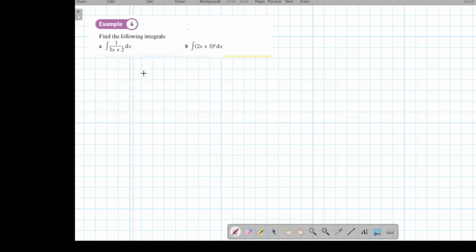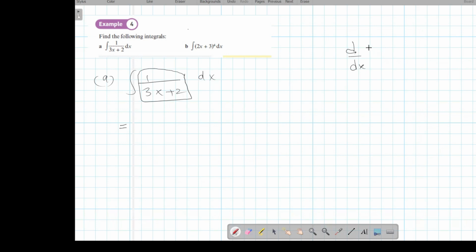Now look here. There are a few other examples as well. This is again the same thing. Part A, we need to integrate 1 over 3x plus 2 dx. Do you know whose derivative this is? Derivative of which function is 1 over x? ln x. Exactly.